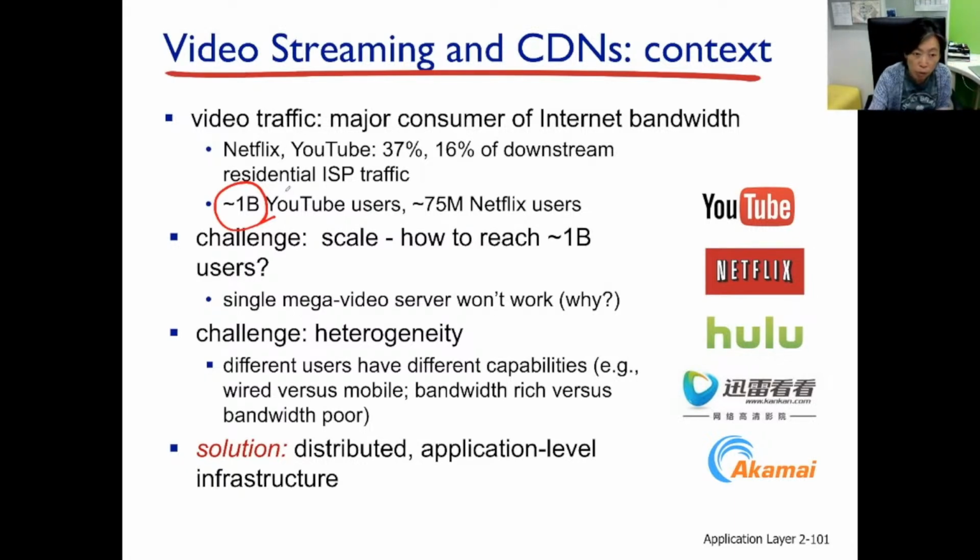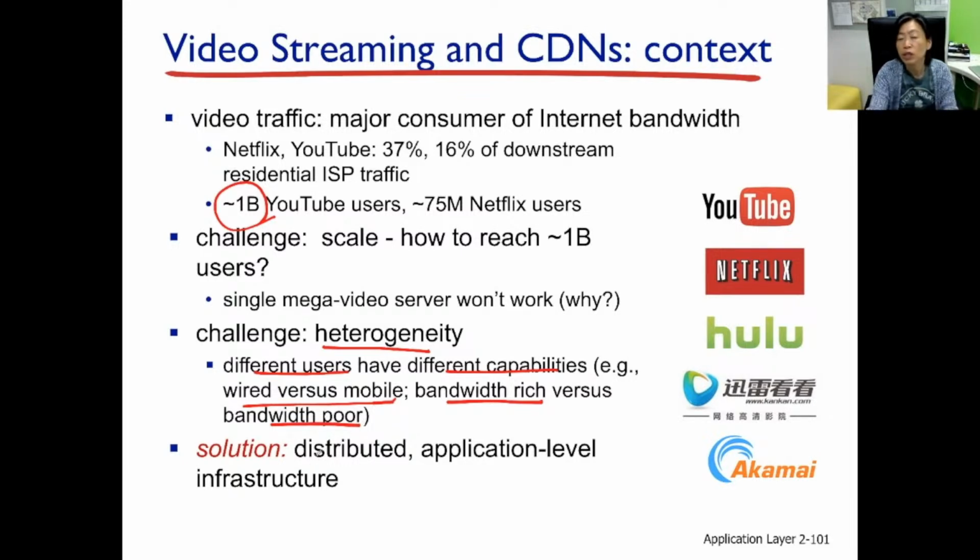All right, so we do have this other challenge here: heterogeneity. Different users will actually demand different qualities because we have different capabilities. Some of us are stationary, some of us are mobile. Some of us have a lot of bandwidth to download videos, but some of us don't.